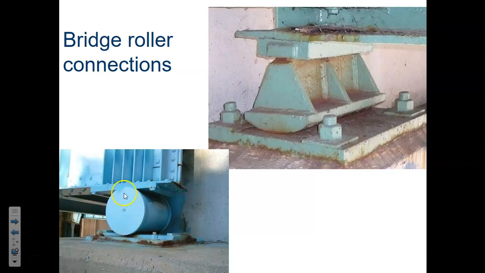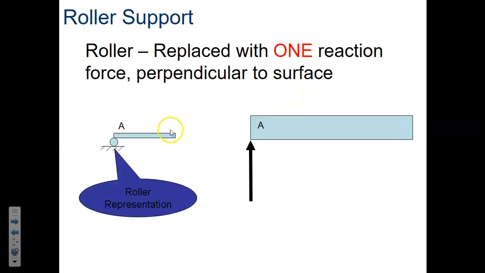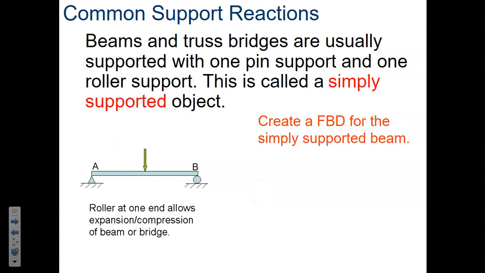But it does exert a force up and down. The same way here. This allows it to move left or right, but it does not allow it to move up and down. So when we talk about a roller support, we're going to replace that by one reaction force. And in this case, this roller is exerting a force up. So RA in the Y direction.